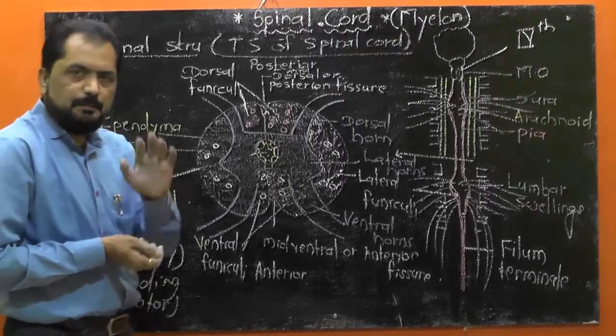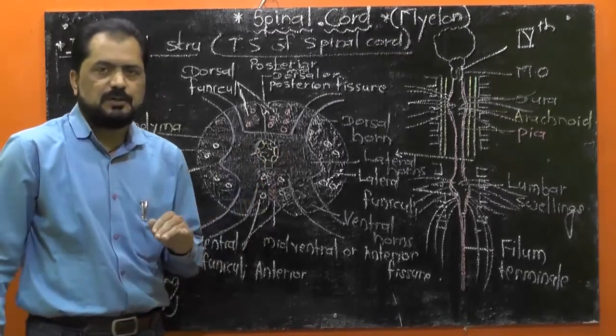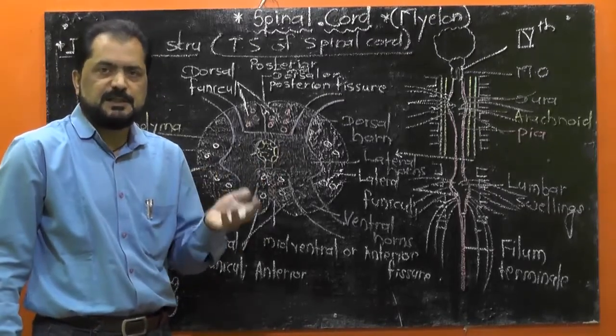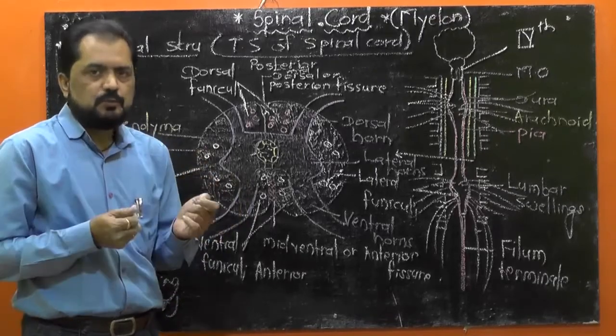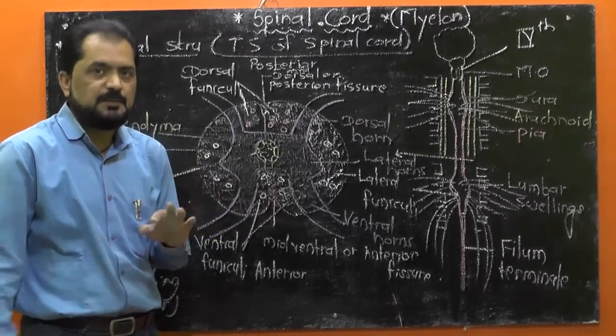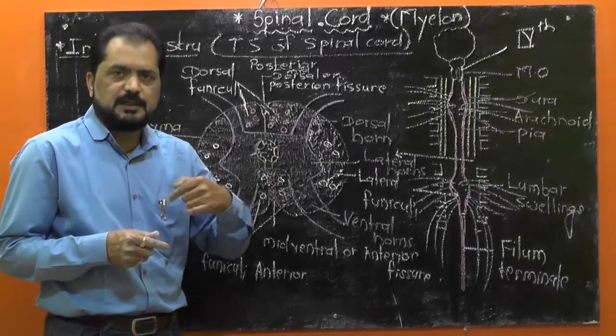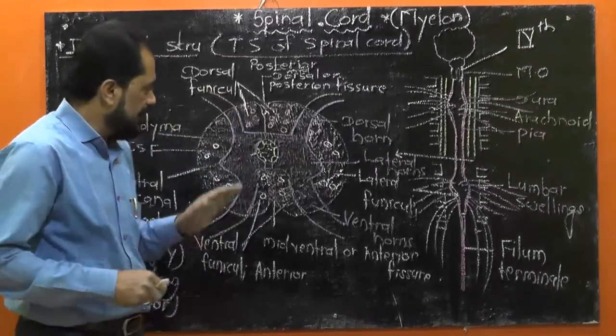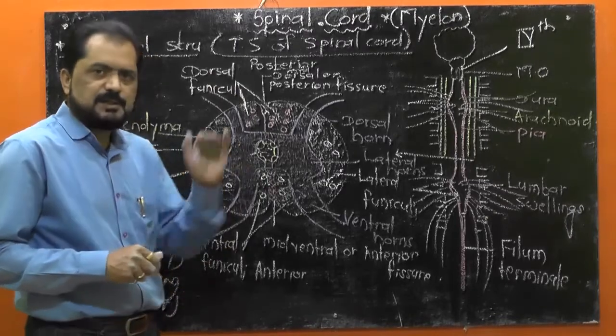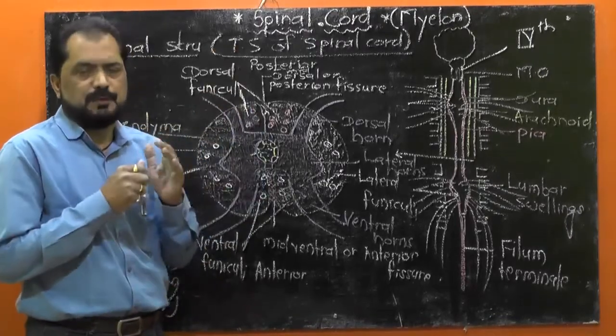It means the main function of spinal cord is to conduct electric signals, nerve impulses to and fro the brain. The ascending or sensory nerve tracts conduct impulses towards the brain, and descending nerve tracts conduct impulses away from the brain.